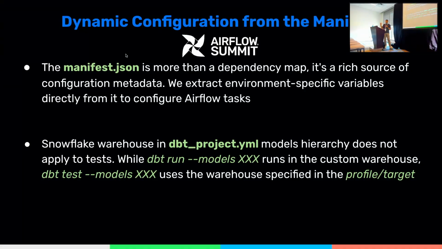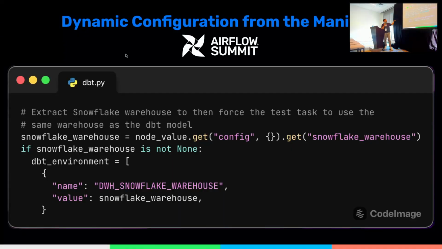As I mentioned, the DBT manifest.json file contains all the information, and it also contains the warehouse that I have configured my DBT models to run on. So why don't we extract the Snowflake warehouse from the DBT manifest.json file? Easy peasy. How many lines of code? Well, we have some indents, but super easy. We just get the configuration and set the environment variables for this DBT test.